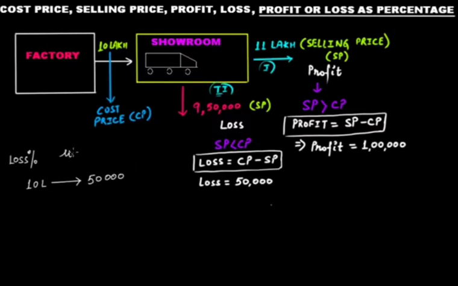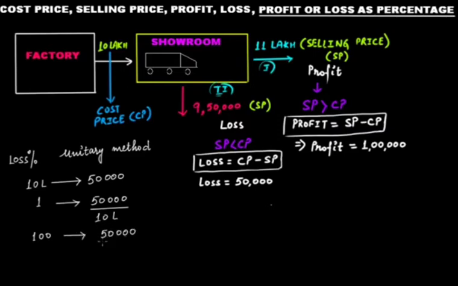So again, we are using the unitary method. For 1, this is 50,000 over 10 lakh. Therefore, for 100, because we have to calculate a percentage loss, this is 50,000 over 10 lakh times 100.